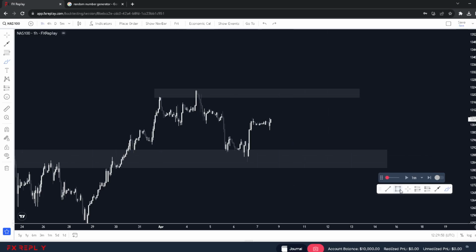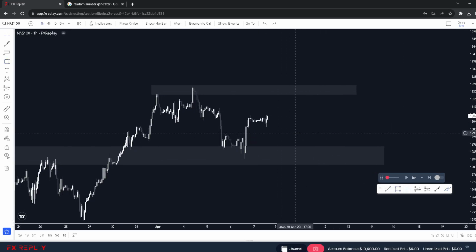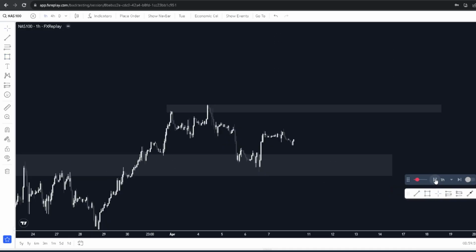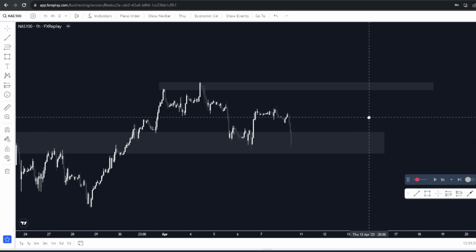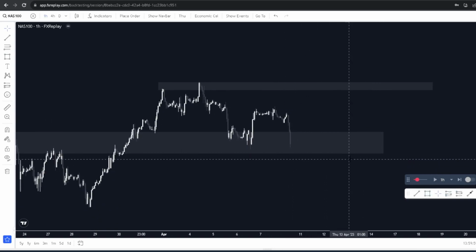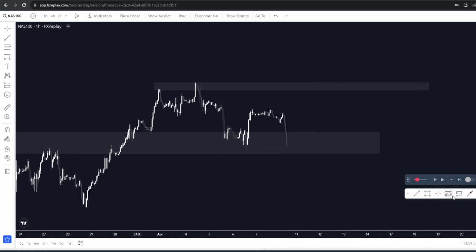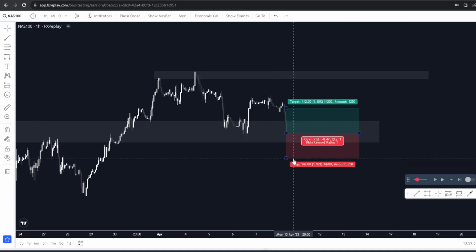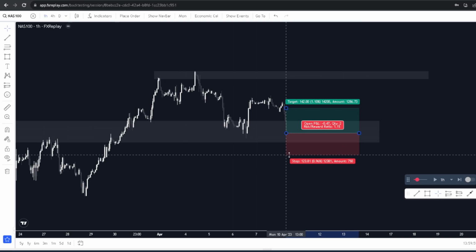So now we've done our very, very simple analysis. Let's play price. Price is moving, and we go down to our support level. At our support level, we're going to go long. We're going to buy at our support level. We are just going to put our stop loss at an area where, if price gets there, our trade is no longer valid.